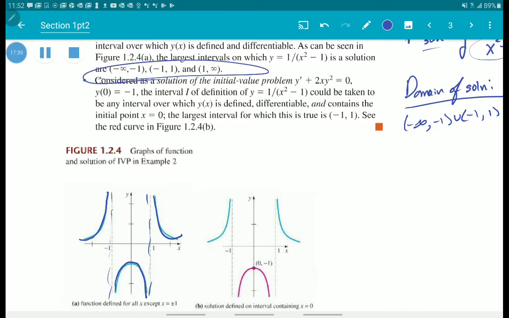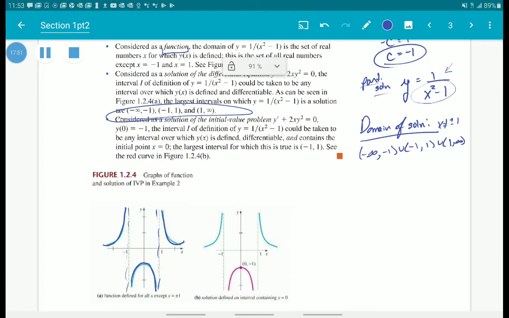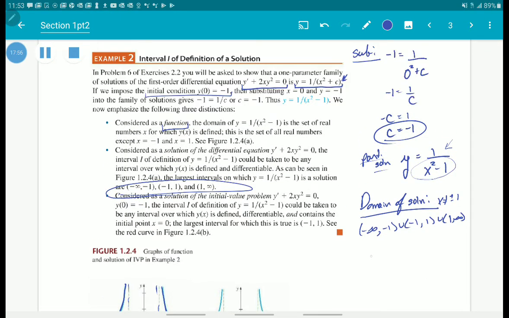But now, if we talk about that initial value problem, because we had an initial point, we actually got a very specific piece of this graph, and that initial point that we had was the point (0, -1).